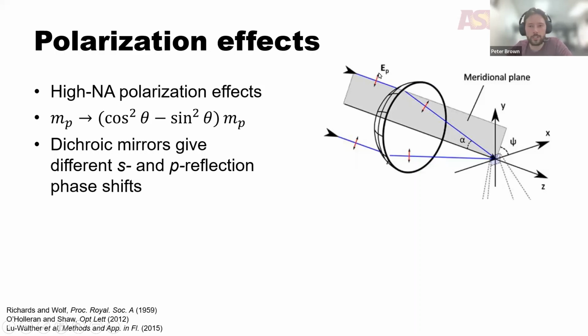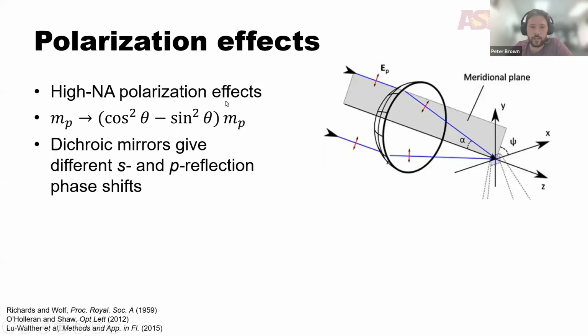If we have p-polarized light for these SIM beams, the angle of that polarization tilts when the beam refracts, and these angles tilt differently for the two beams. And that means when the beams interfere, the contrast of that interference, and therefore the modulation contrast, is reduced.